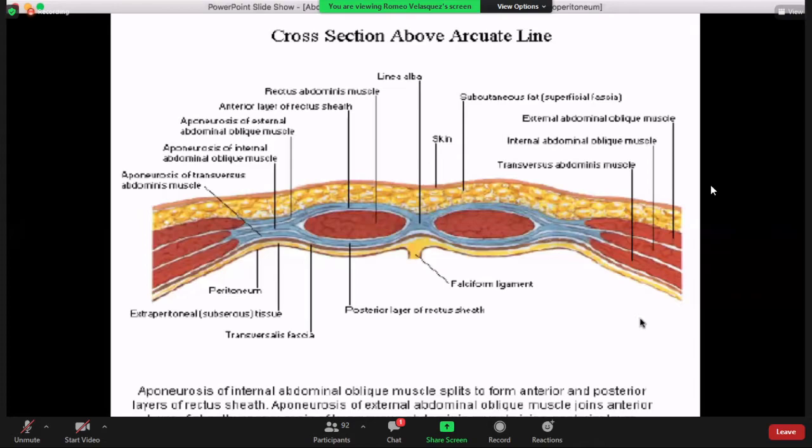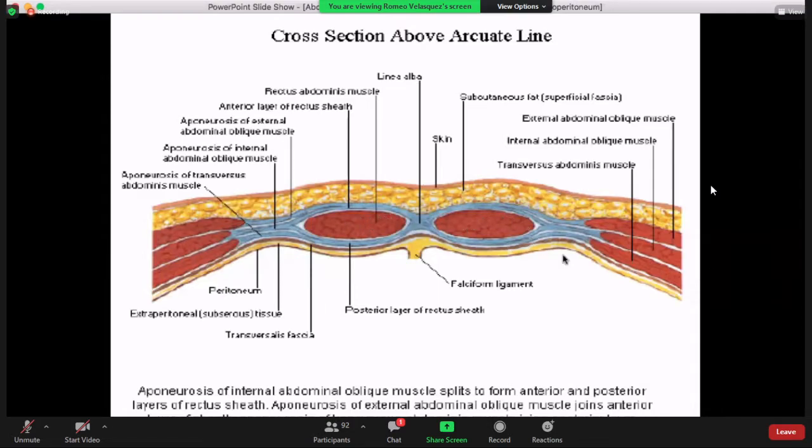Now the cross section above the arcuate line. All right. So these are the layers, okay, of the rectus sheath that are being contributed by the external oblique, internal oblique, and then the transverse abdominis muscle. Okay, you can see the condensation wrapping around the recti muscle.